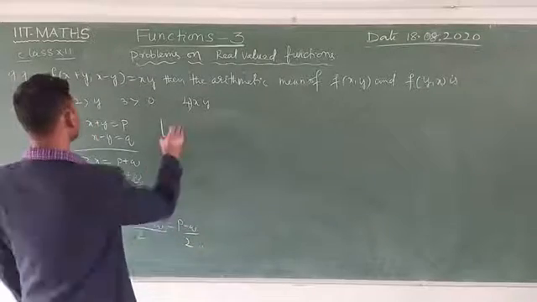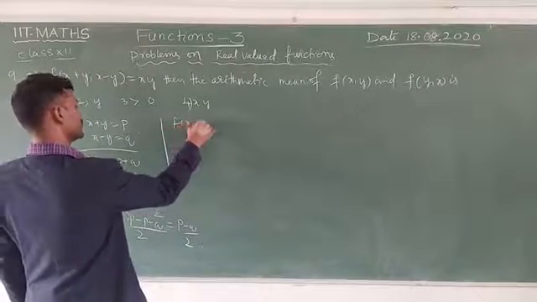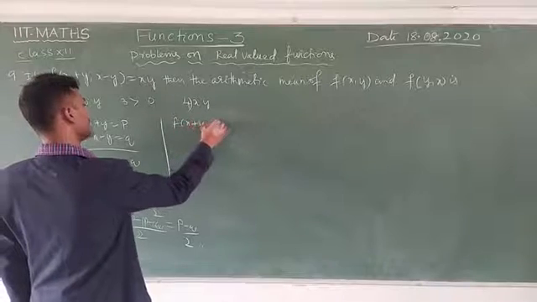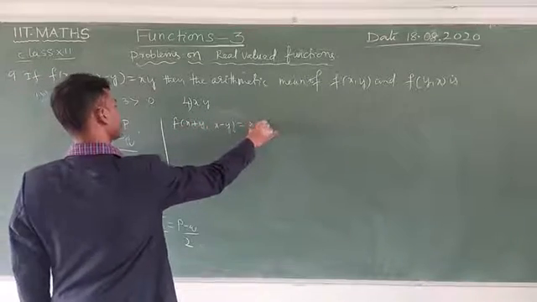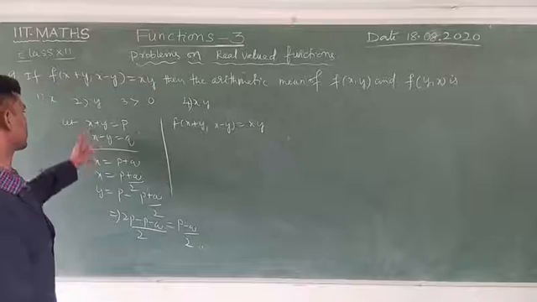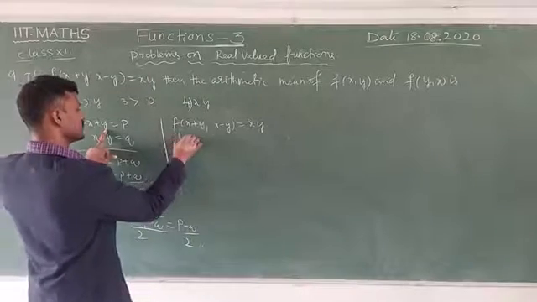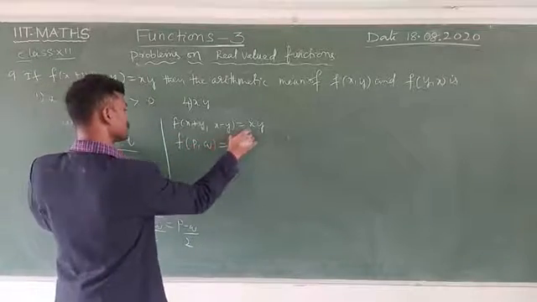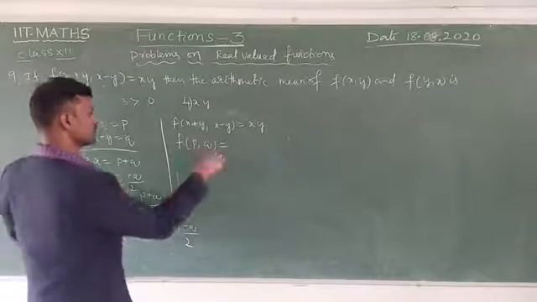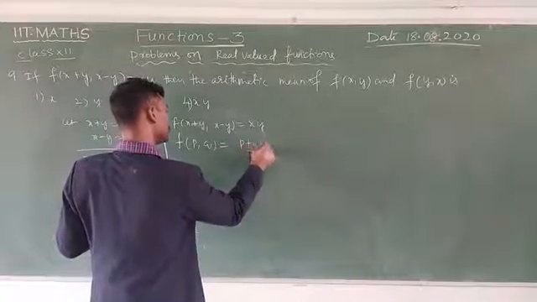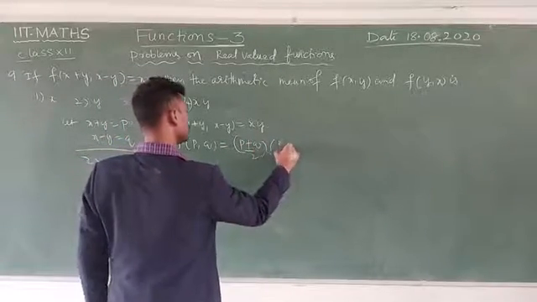Now you can write f of (x plus y, x minus y) is equal to xy. Now x plus y is p and x minus y is q, so f of (p, q) is equal to x, which is (p plus q) by 2, into y, which is (p minus q) by 2.